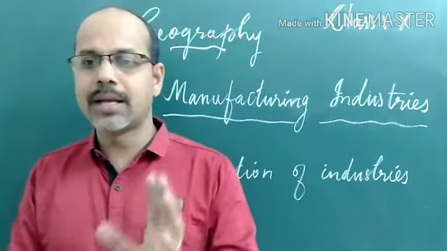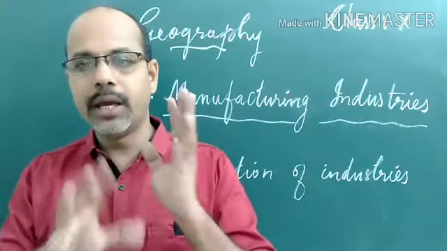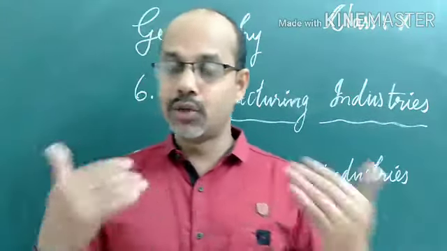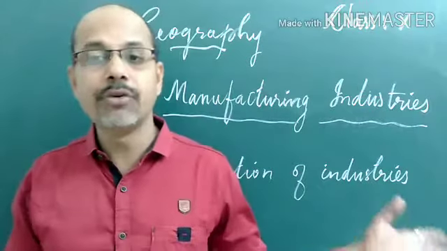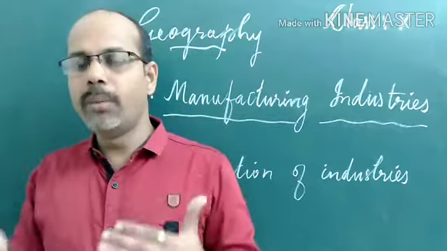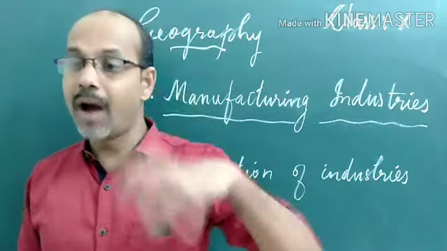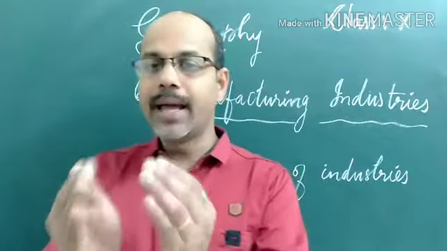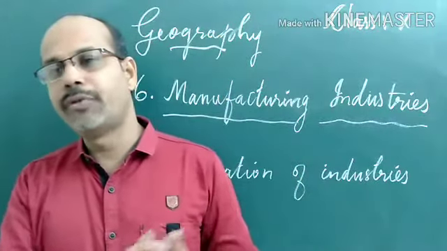Suppose one person has invested 10 lakhs, another person has invested 20 lakhs, another person has invested 50 lakhs. According to the percentage of share, the capital they have invested in the industry, that percentage of profit they will get.